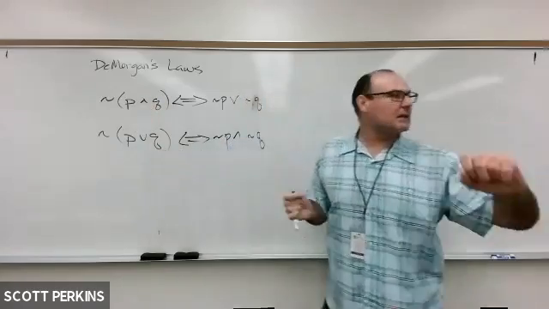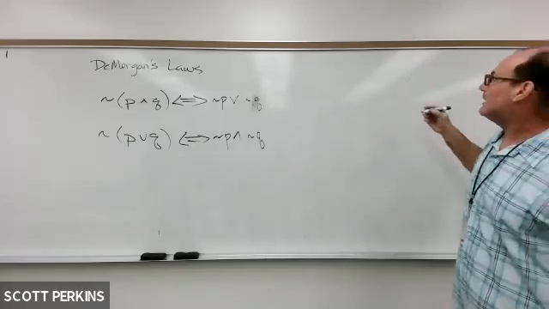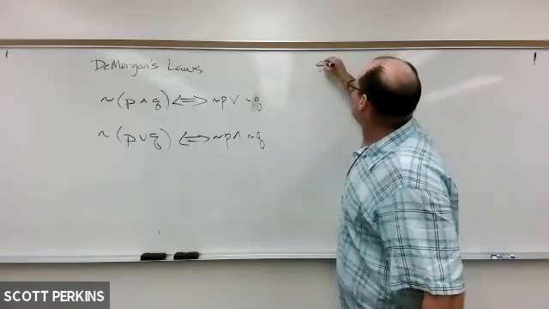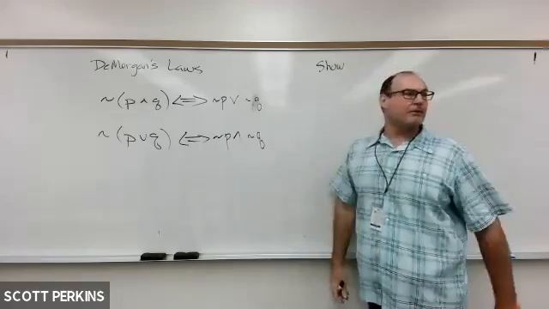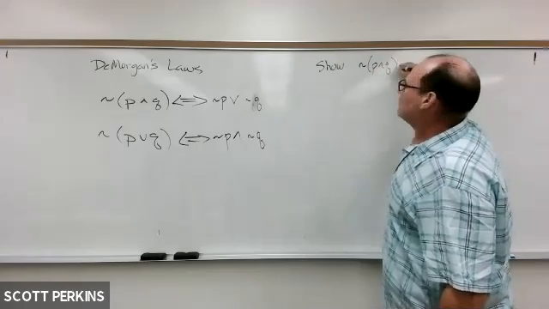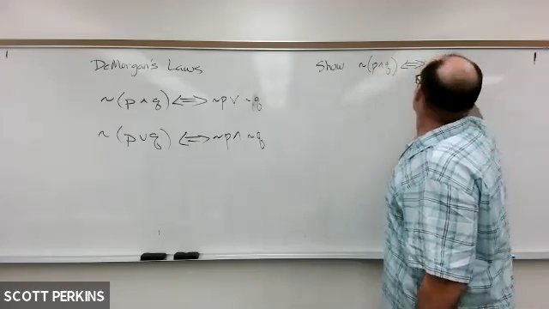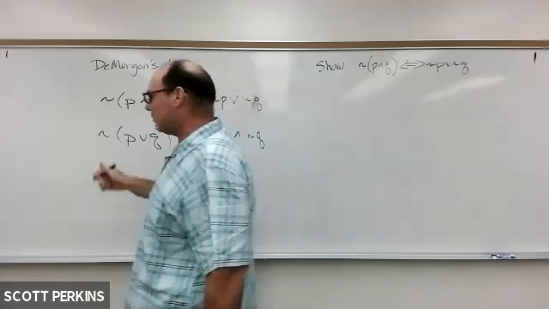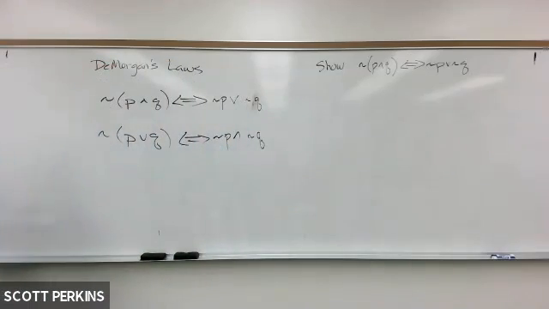All right, here's your second to last problem for the day. Let's just do the first one. I want you to show, using a truth table, that squiggly (P and Q) is equivalent to squiggly P or squiggly Q. So you're just doing a truth table like we did for the previous problem that was much longer.